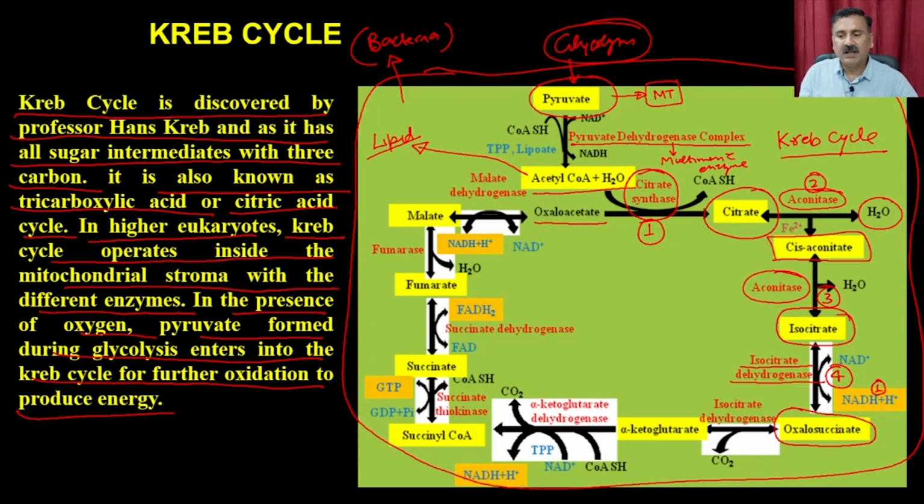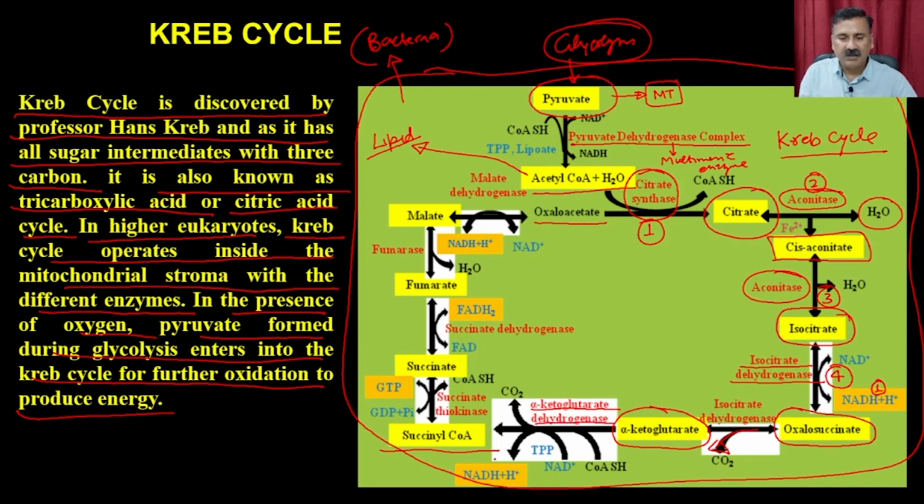Okay, so remember that from 1 to 4, only one molecule of NADH is produced for the first time. Then from the oxaloacetate, there will be a decarboxylation reaction, and it is catalyzed to produce the alpha ketoglutarate, and alpha ketoglutarate is then dehydrated and converted into succinyl CoA, and the enzyme name is alpha ketoglutarate dehydrogenase.